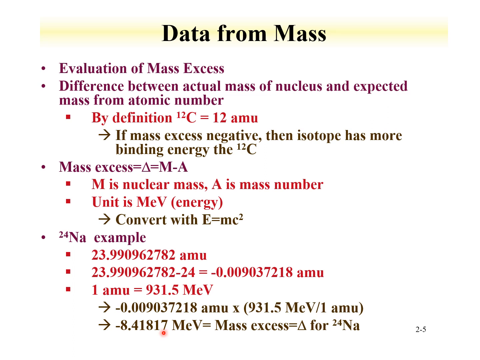So if I take this value, multiply it by 931.5 MeV per atomic mass unit, I get that the mass excess for sodium-24 is equal to negative 8.418, etc., MeV, mega electron volts. So this is a value that we could use for equations, and it's a way of quantifying how changes in this atomic mass unit can be used to help us understand reactions.